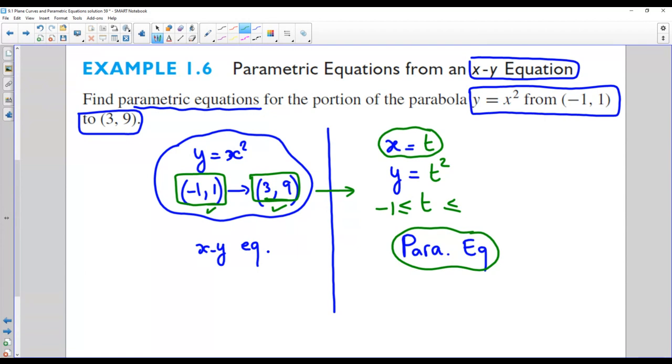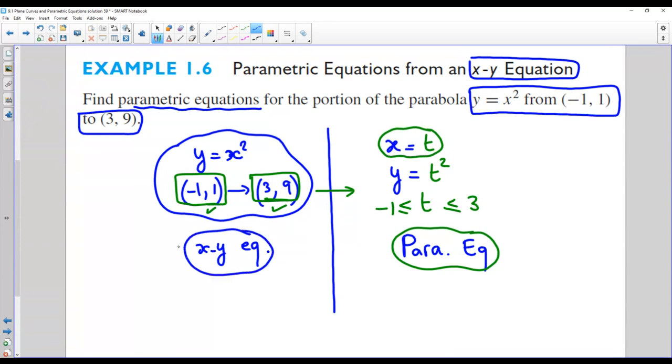So t will go from -1 to what? Look at the other point. Yeah, 3. That's it. So t will be from -1 to 3, and these are the parametric equations of this piece of parabola.